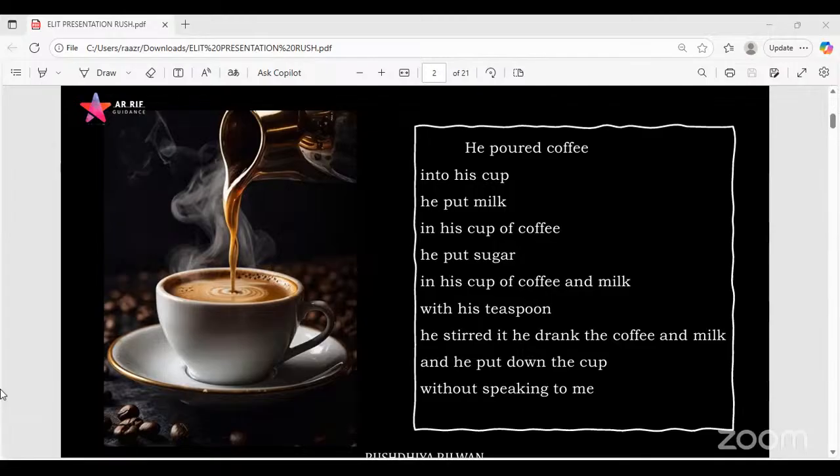Okay, you understood the first stanza? Are you clear with it? Okay, guys, now let's move to the next stanza then. The second stanza.